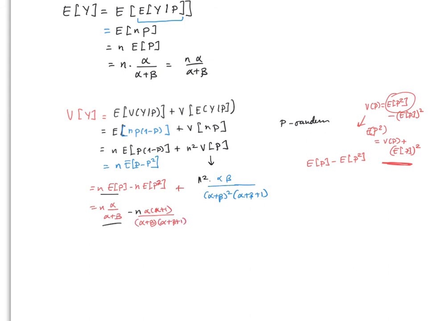Okay? So again, this part comes from this when you simplify. And once you combine everything, you will end up with this beautiful thing, n alpha beta times alpha plus beta plus n divided by alpha plus beta squared, then alpha plus beta plus 1. And that's it.